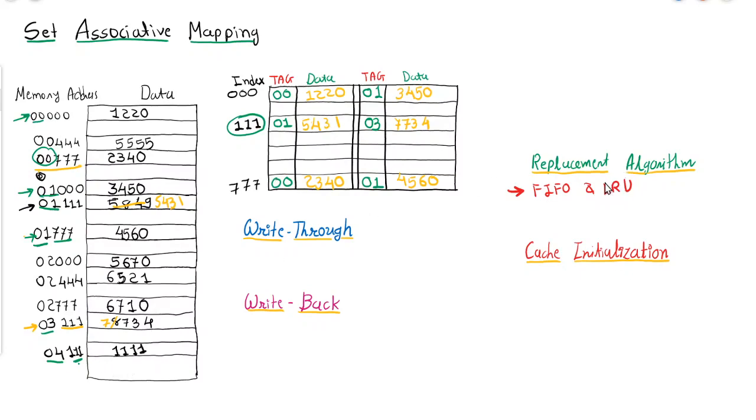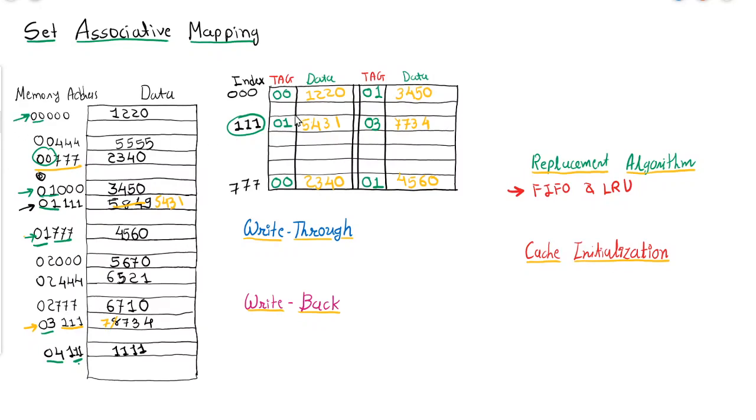So it will be replaced by this value. If we go with LRU, then we have to consider multiple execution cycles. Let's say this instruction is used very less frequently; in that case this will be replaced, not because it is last, but because this memory location is used very less frequently. LRU means least recently used. If you are going with FIFO, then this location will be overwritten.